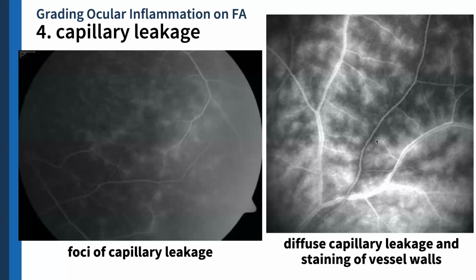So if you take a look at yung vessels, you can imagine it's like the leaves of a fern tree. So when there's quote-unquote ferning, that represents capillary leakage. Okay? So pwedeng foci lang or focal inflammation, or you can also have diffuse inflammation.